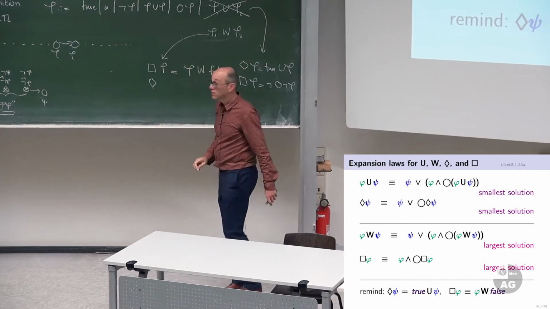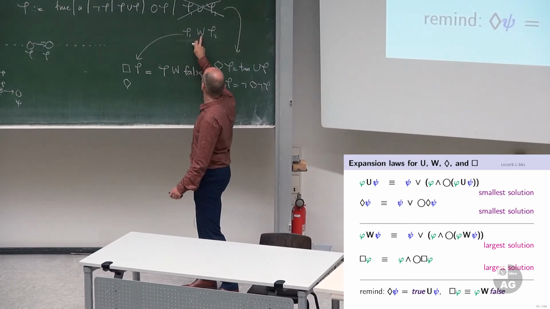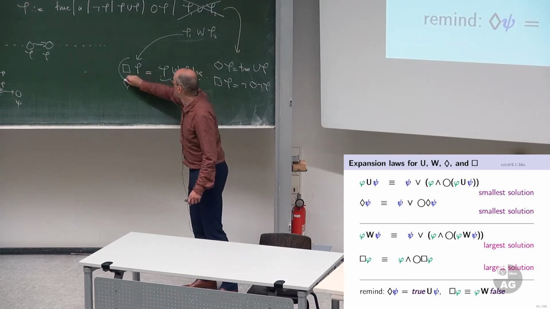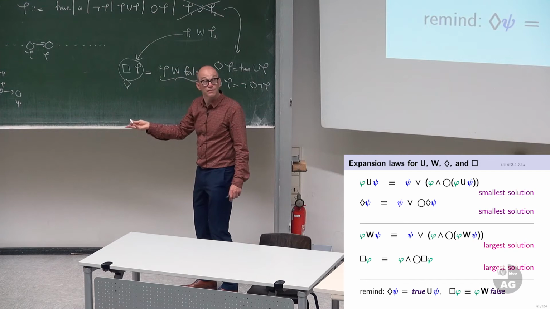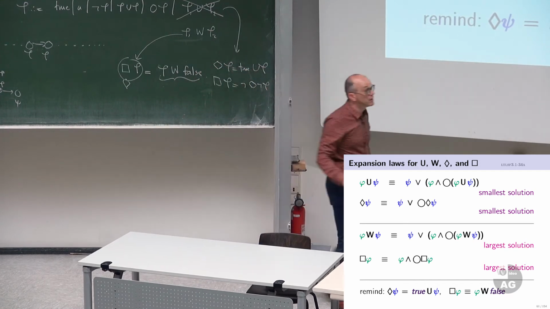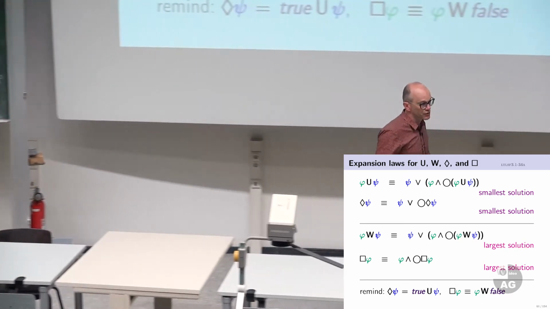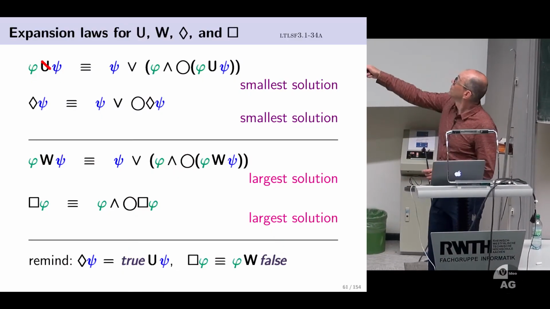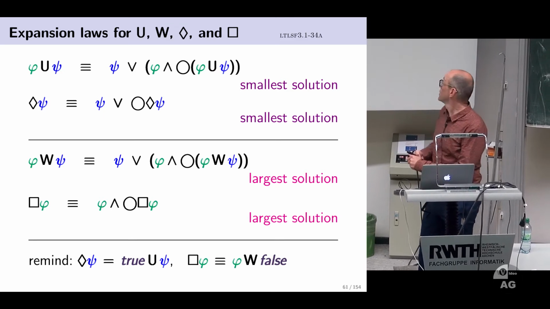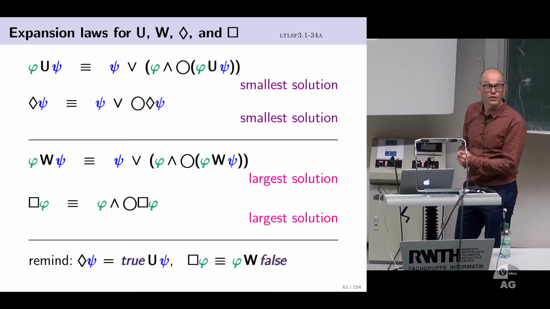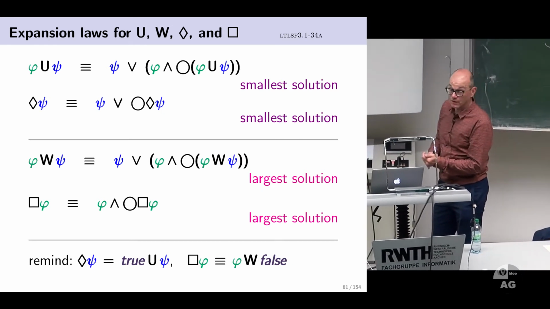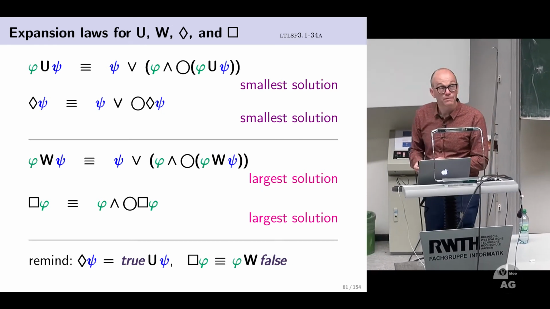This W is the largest solution, so therefore also this is the largest solution. That's one way to remember that box actually is the largest solution. Good, and these two things are the smallest solution. So this slide summarizes in one shot all the expansion laws for LTL.